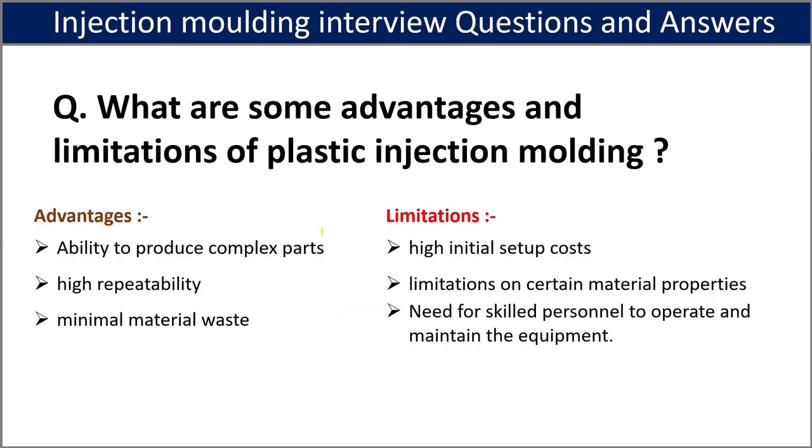What are the advantages and the disadvantages or limitations of plastic injection molding? The advantage is that with injection molding we can produce complex parts, meaning thin ribbing and complex geometry. We also get high repeatability, since this process is quick and within seconds we can produce the part.